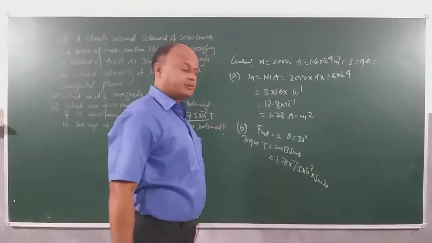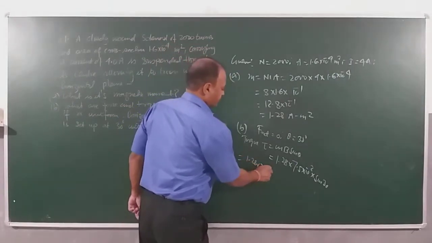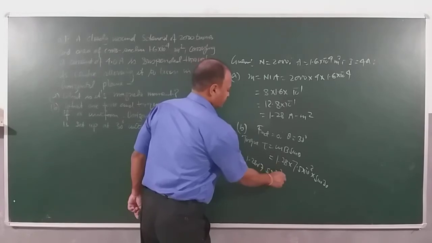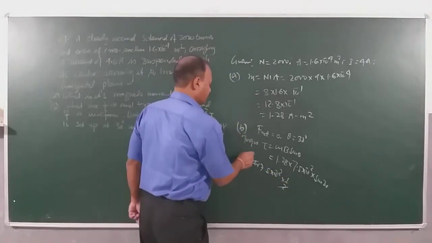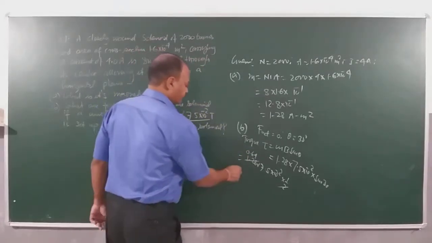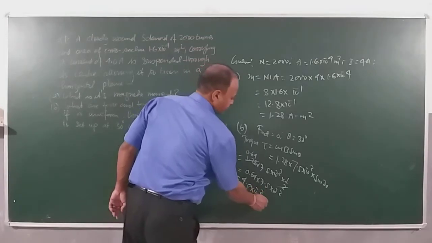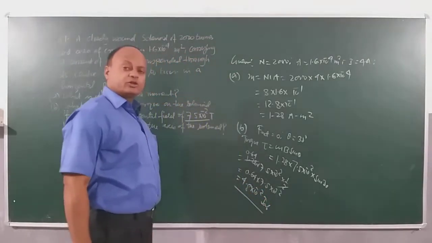Right? Sin 30 is how much? Half. So 1.28 into 7.5 into 10 power minus 2 into 2. Right? We have 0.64 into 10 power minus 2 joule. What unit of torque? Joule, or you can also write Newton meter.